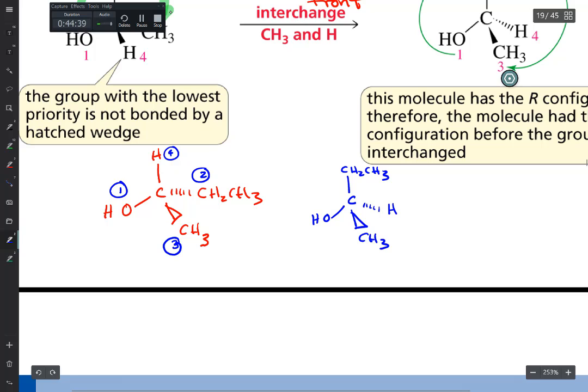The priorities are the same, so I'm going to say it's 1, this is 2, and this is 3, and so now it goes like this. So the wheel is kind of going like this, right? So that looks like it's R, right?